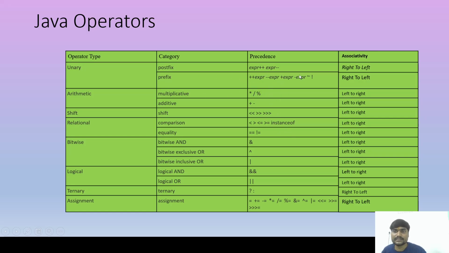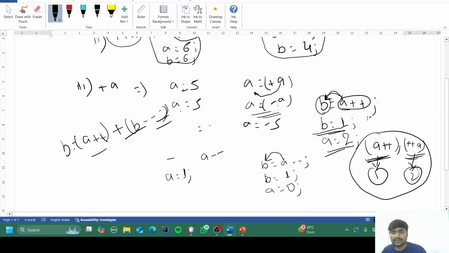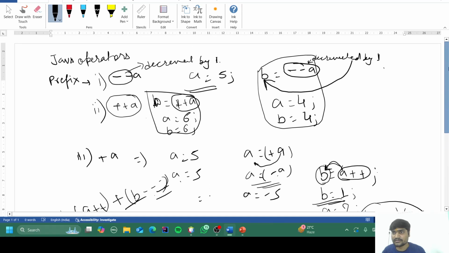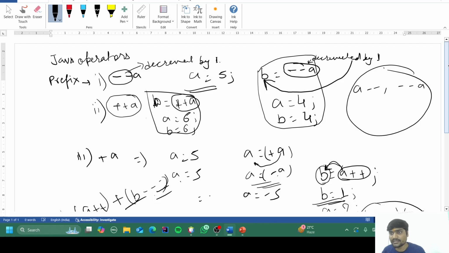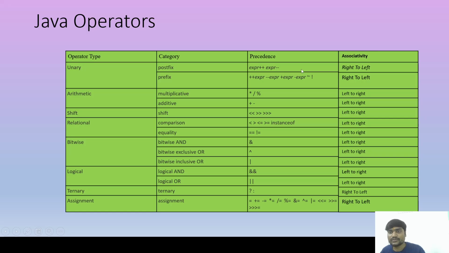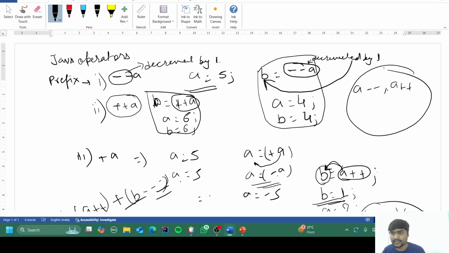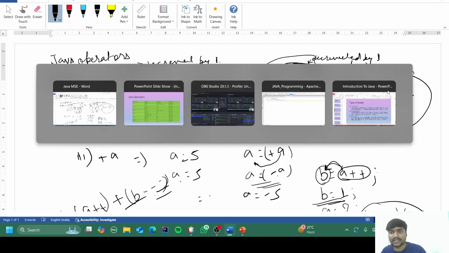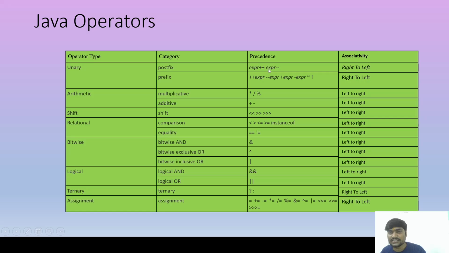Now suppose there are two things written, a minus minus and minus a. But now suppose you have written a minus minus and a plus plus. Both are nothing but postfix. So in case of postfix, which will be performed first, this one or this one? Because both are on the same precedence line, here the associativity is written, which says how you will operate.